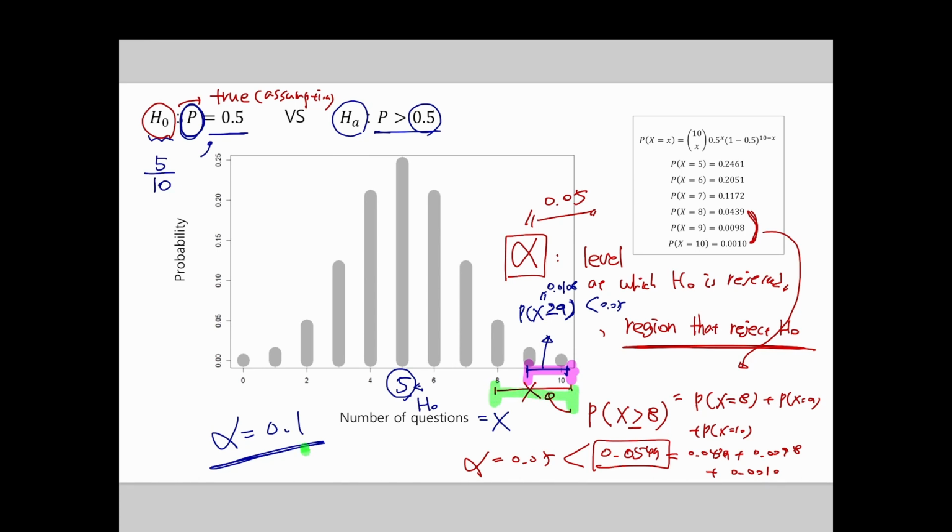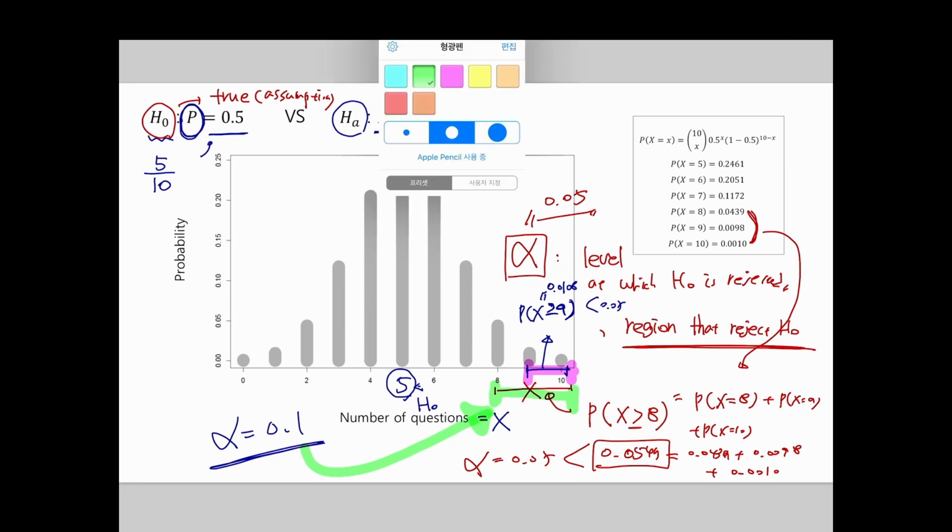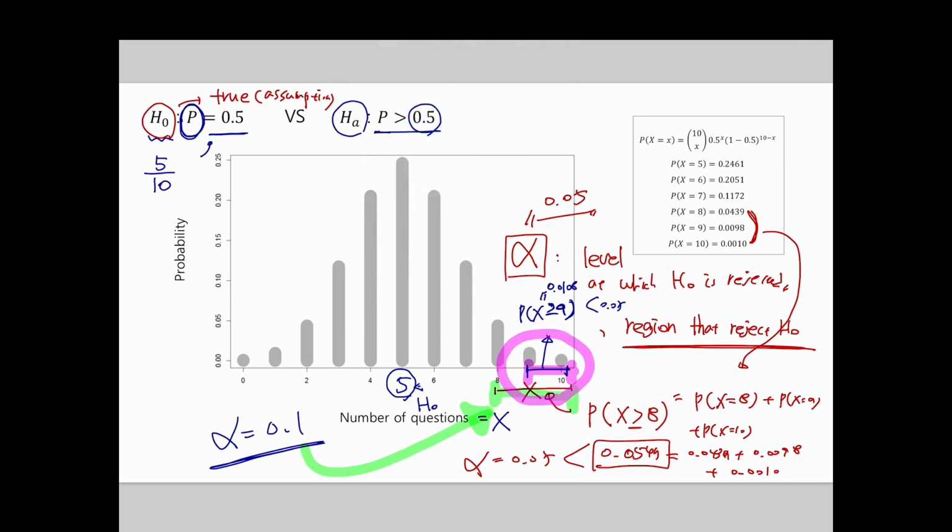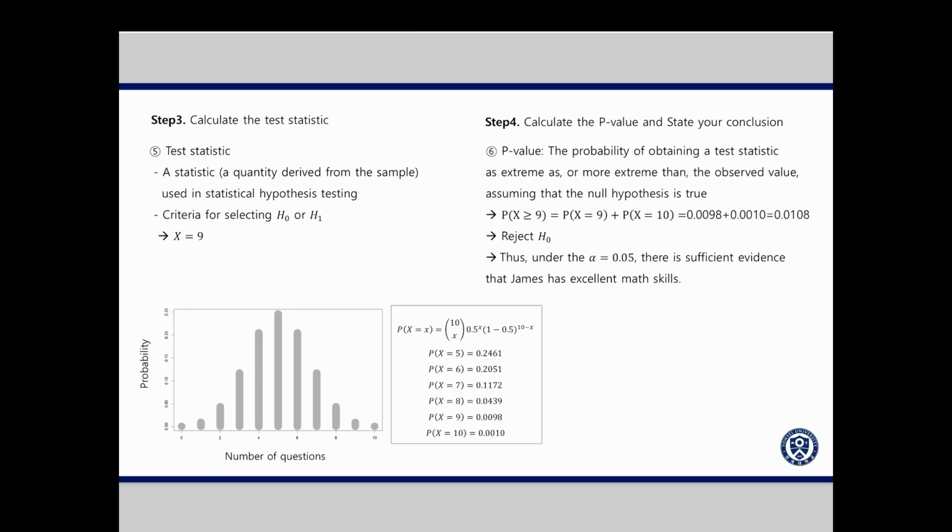Okay, so under alpha 0.05, that is this reject region, so you can reject H0 when x equals 9 or x equals 10. Okay. Step 3, calculating the test statistic.